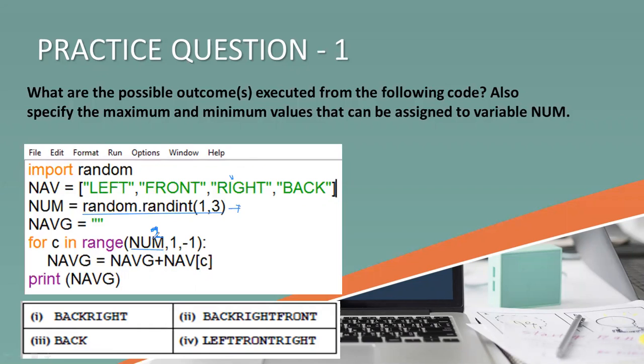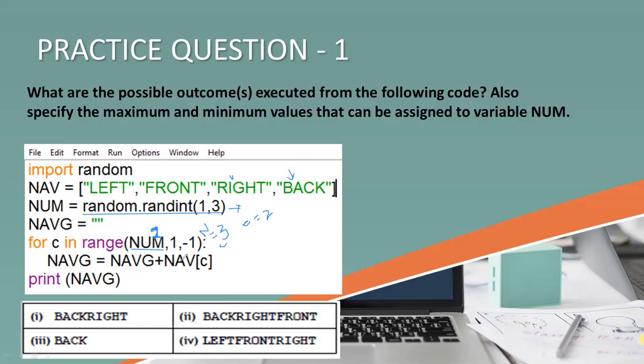Now, if num is equal to 3, then the loop will execute 2 times, that is for c is equal to 3, and for c is equal to 2. When c is equal to 3, we are going to get the string back as the output, because nav3 is equal to back.